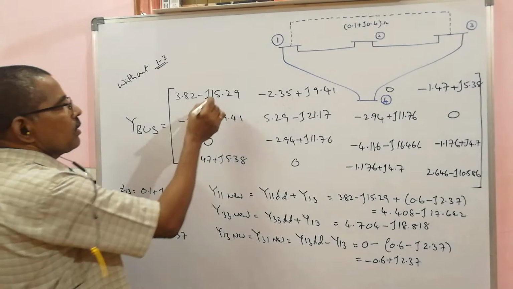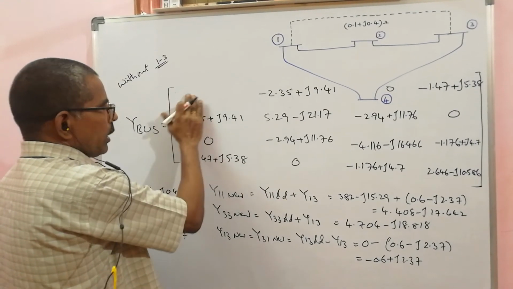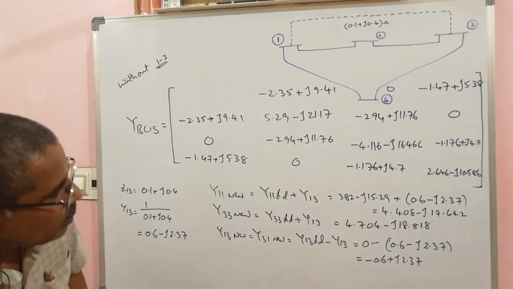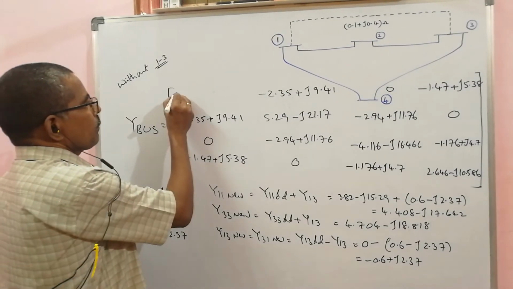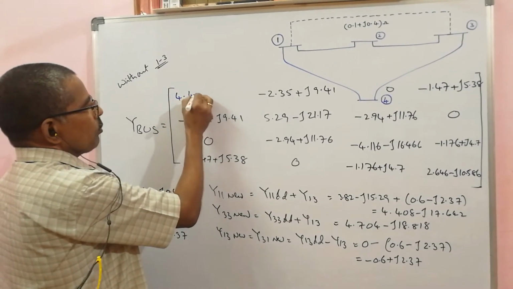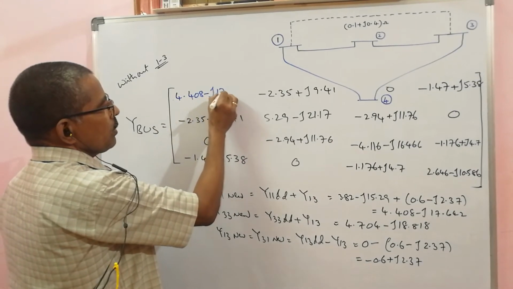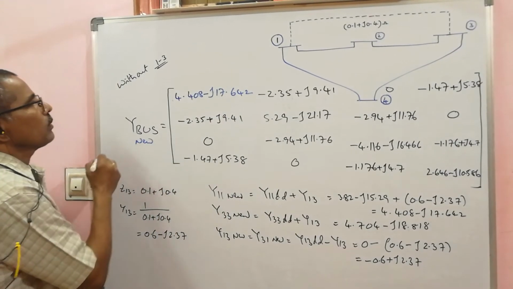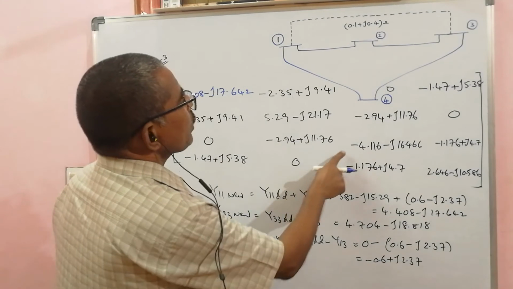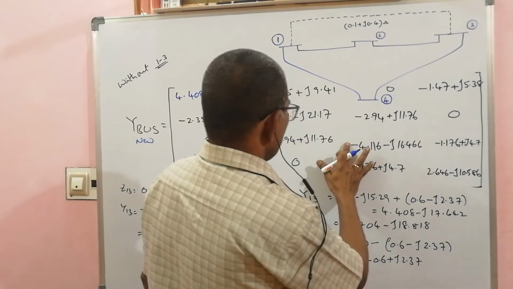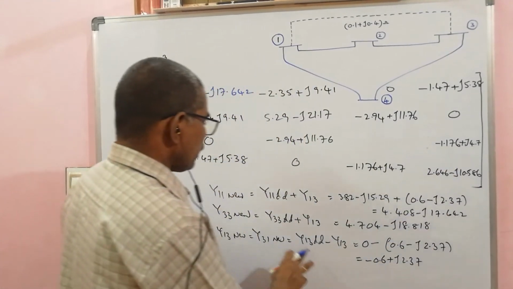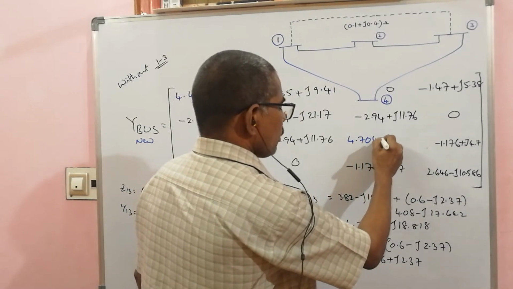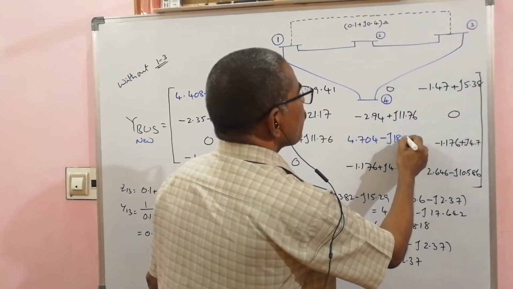So that means you take out this, you write here the new value, which is 4.408 minus j17.642. So Y11 new this is. Okay. Then Y33 also to be updated. What is Y33 new? 4.704 minus j18.818.